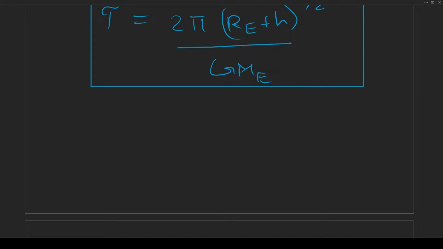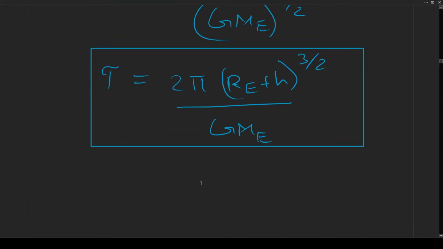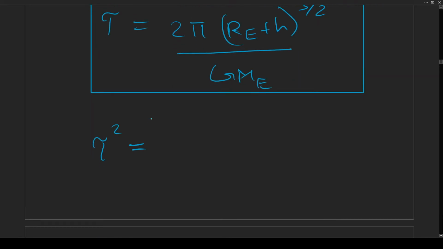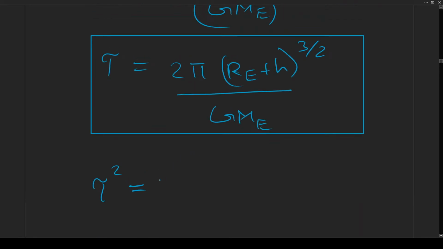And let's assume we square both sides. We will get t square equals k into RE plus h whole cube.